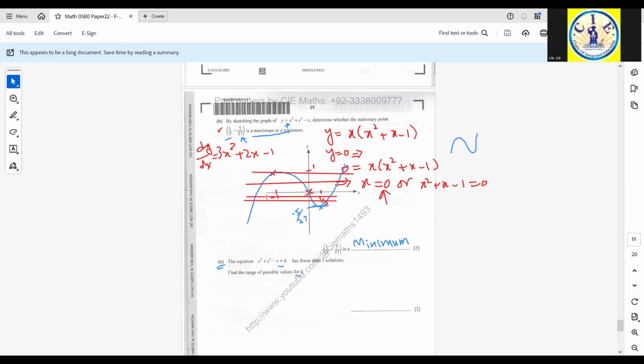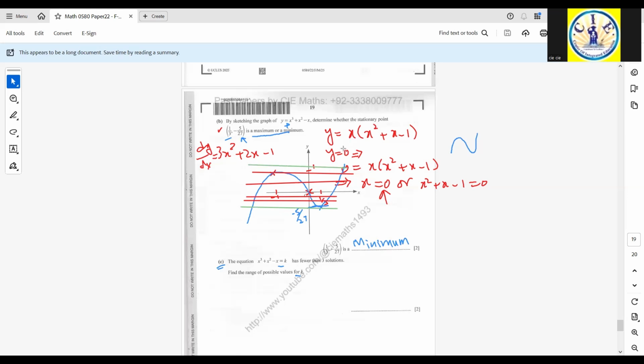But for this one, at this point, lesser than this, the horizontal line is intersecting the graph at only one place, and here also.